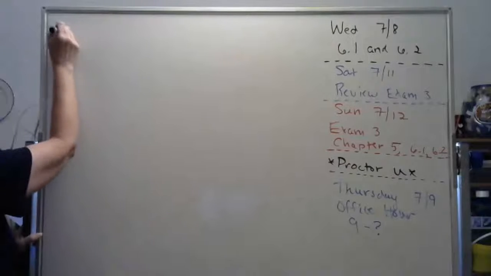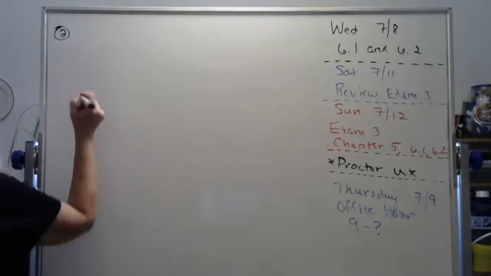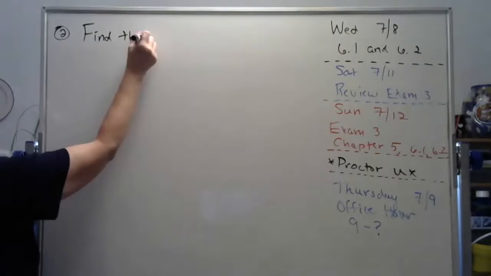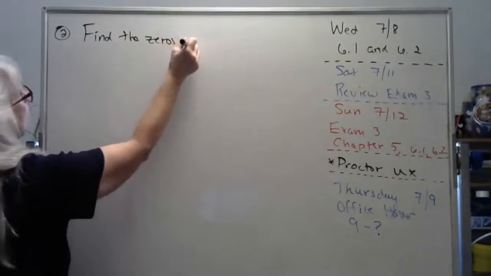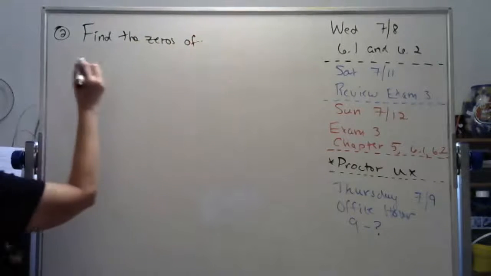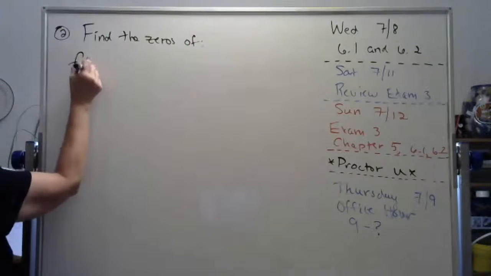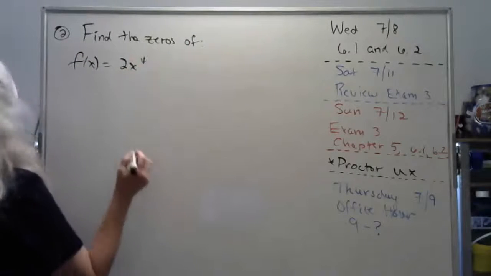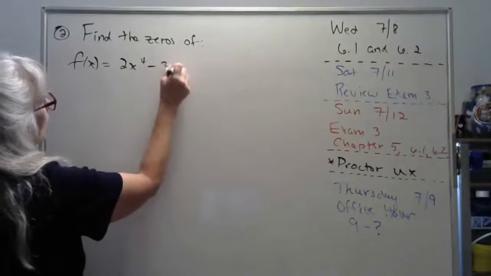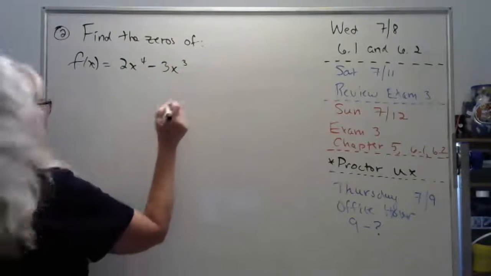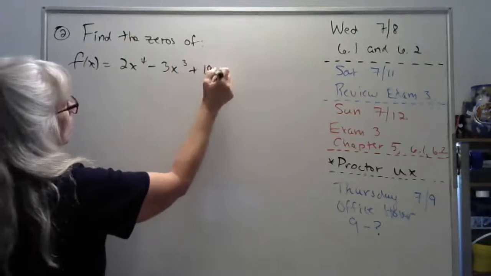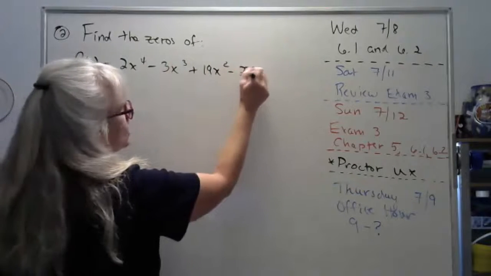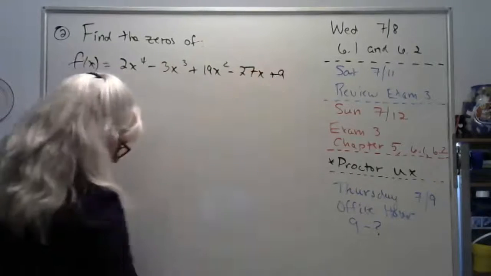Then number 2, what we want to do is find the zeros. And we're going to do f of x equals 2x to the fourth minus 13x cubed plus 19x squared minus 27x plus 9.